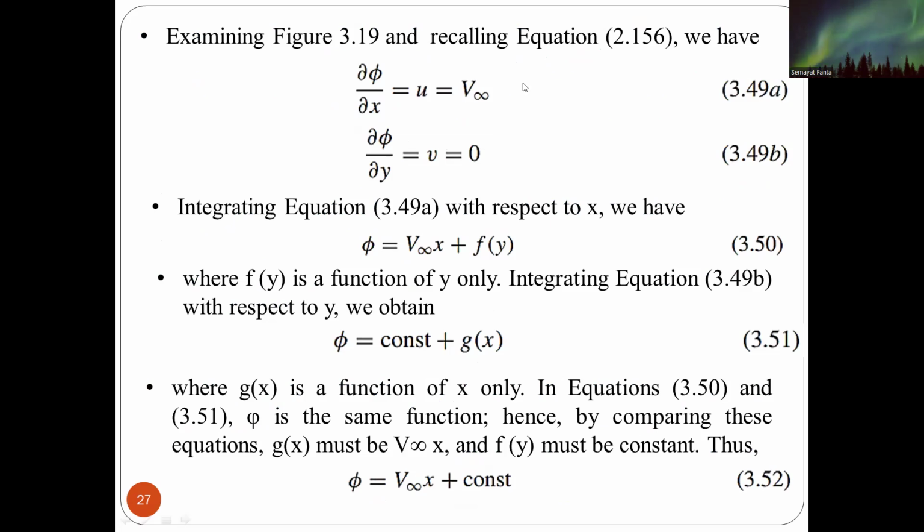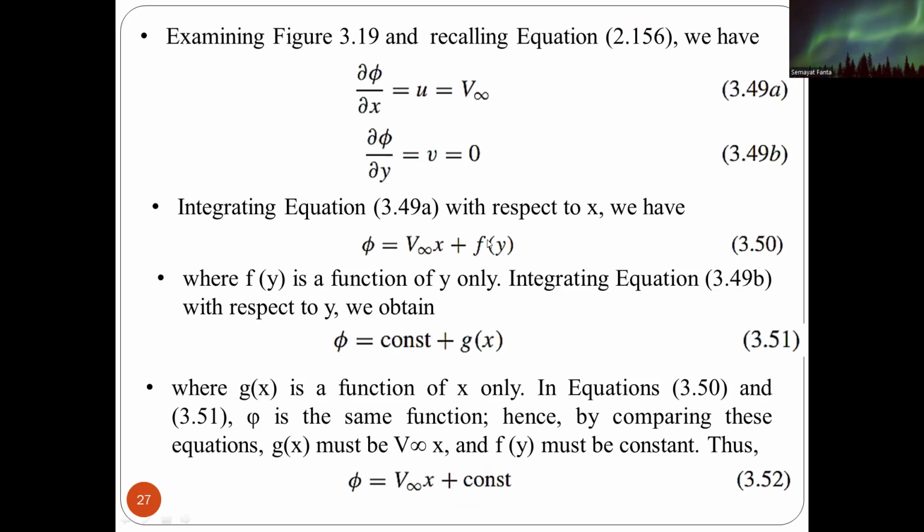So integrating the first equation, what we can get is phi is equal to V infinity x plus f of y, where f of y is an integration constant, a function of y only. And integrating the second equation with respect to y, we get phi is equal to constant plus g of x.